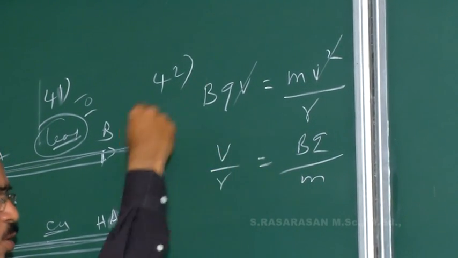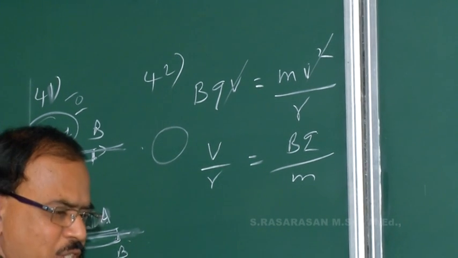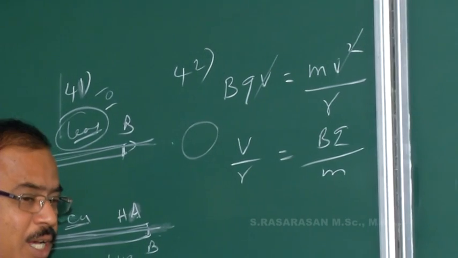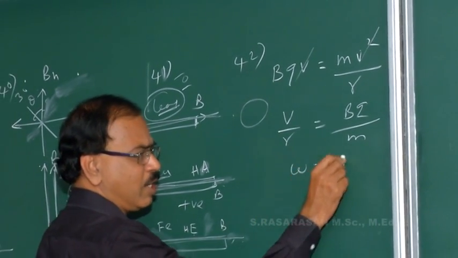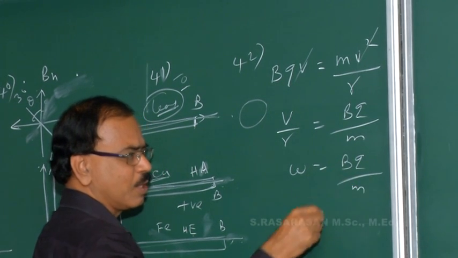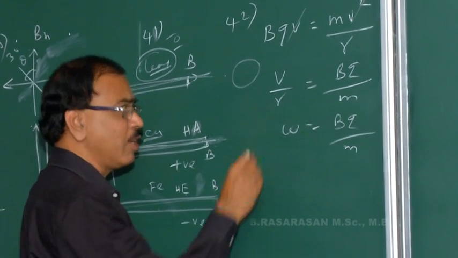But you know, for circular motion, v is equal to r omega, the linear velocity and angular velocity relationship. Therefore, v by r is omega. Omega is equal to BQ by m, where omega is angular velocity, the rate of change of angular displacement.